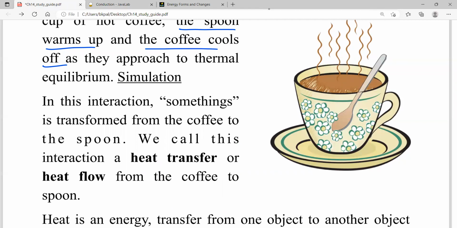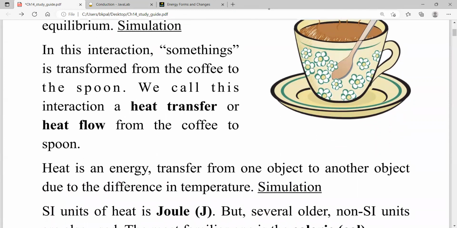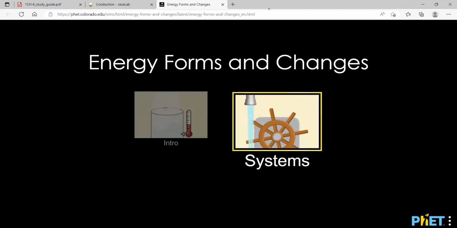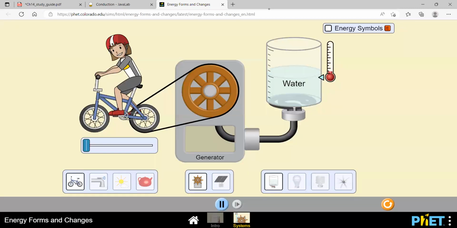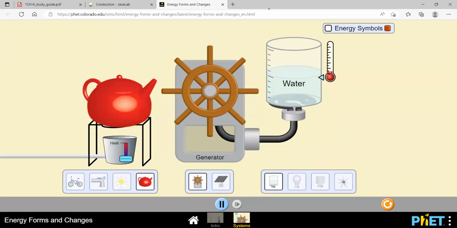Now you may have the question: how can heat be an energy? If something is energy, it should be able to do some work, right? And you can see that in this simulation. Here in the pot we have water, and let's add heat to this water.